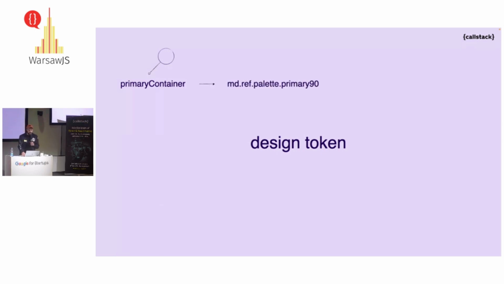For instance, the background color of that presentation is the primary 19 from the palette, and at the same time, primary 90 from the palette represents that hex color. And the same with the color text, which is named on primary container, represents the color primary 10 from the palette and also represents a hex color.